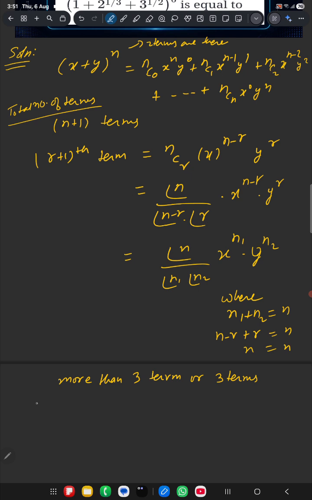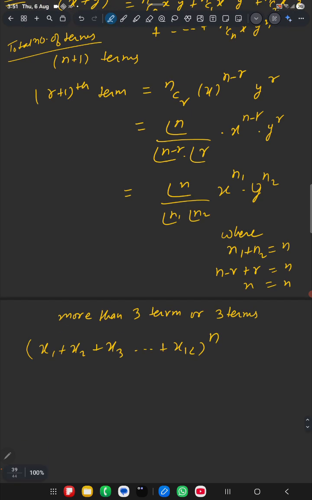Then suppose you have x1 + x2 + x3 + ... + xk raised to the power n.